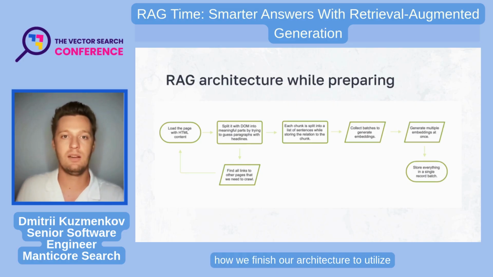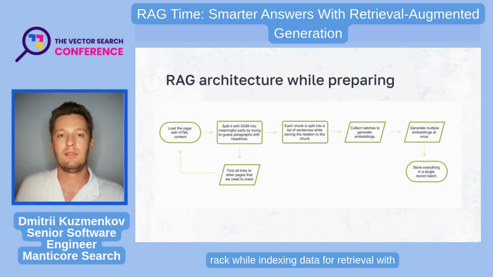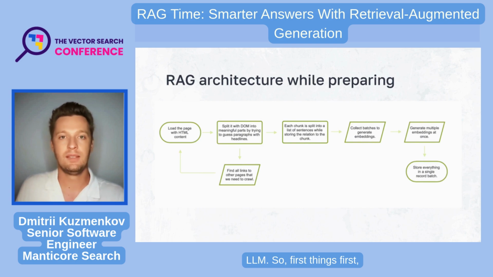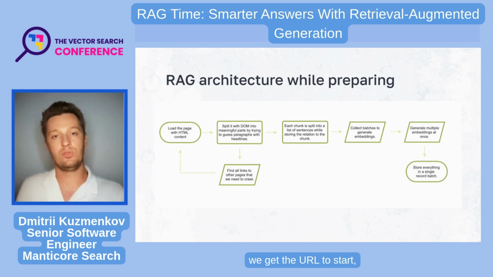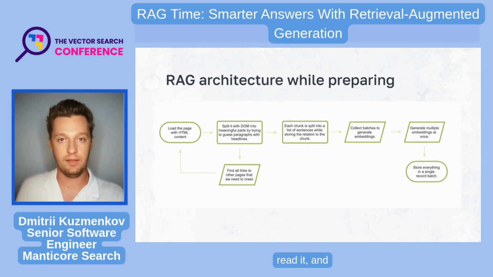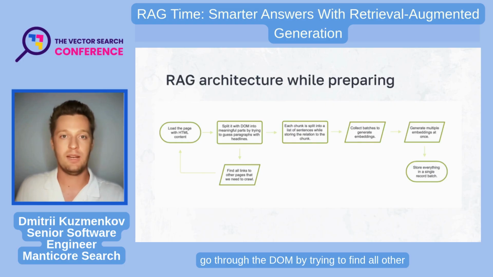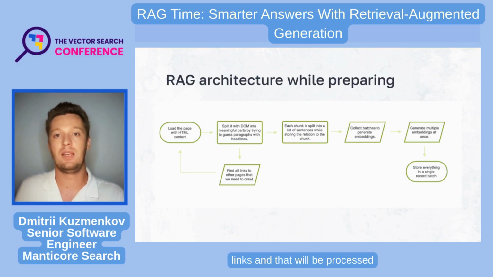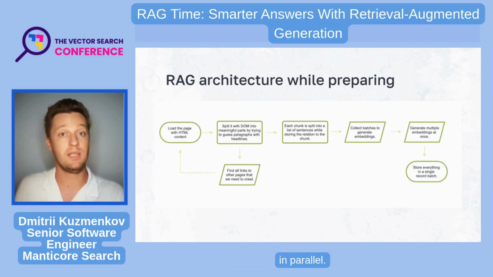And here is how we finished our architecture to utilize RAG while indexing data for retrieval with the LLM. So first things first, we get the URL to start, read it, and go through the DOM, trying to find all other links, and those will be processed in parallel.